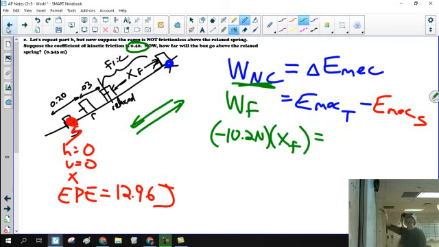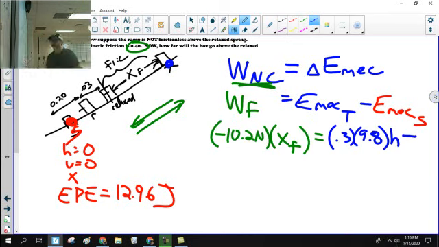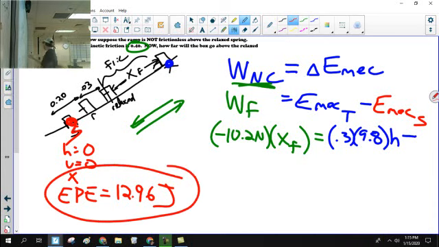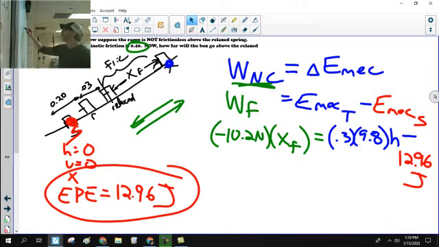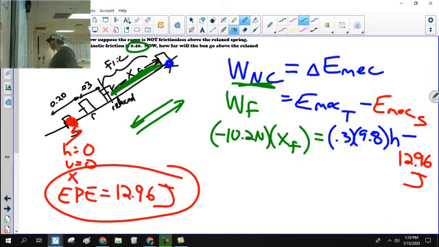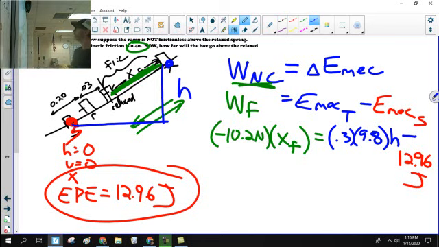All right, let's see. Now, my mechanical energy at point T, well, that's just GPE, right? So that's the mass of the box times 9.8 times some height minus the energy we began with, which is this 12.96. All right. So now all that remains to do is to find a relationship between XF and H. So here's my XF. If you draw your triangle, then this is H. So it's a 30, 60, 90 triangle.